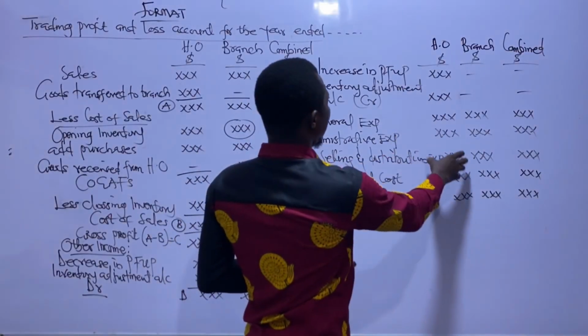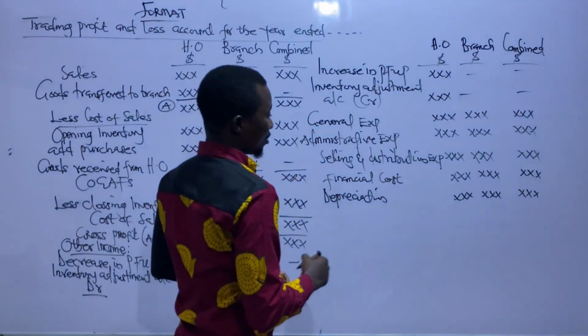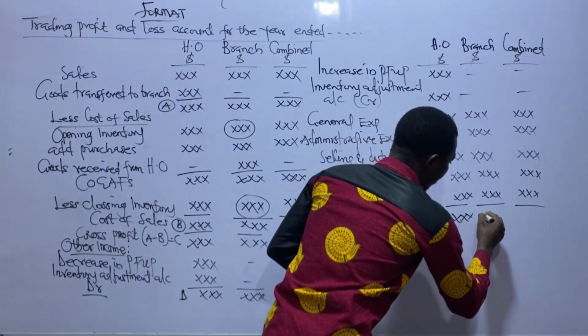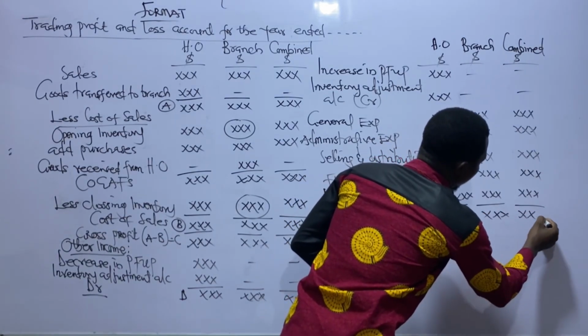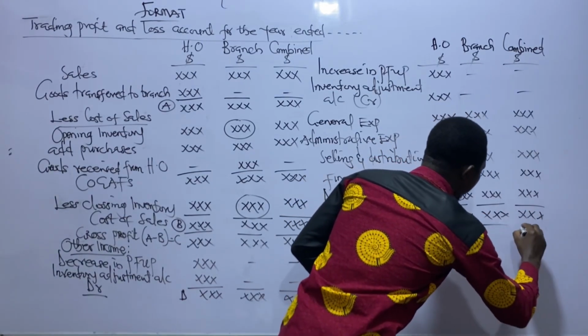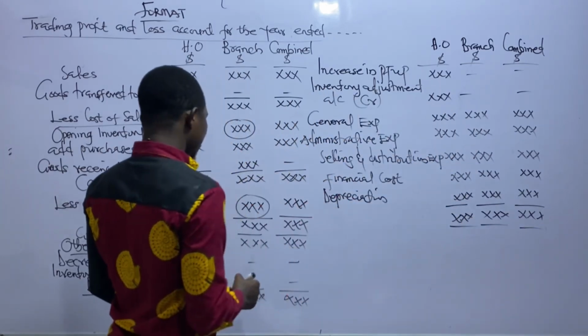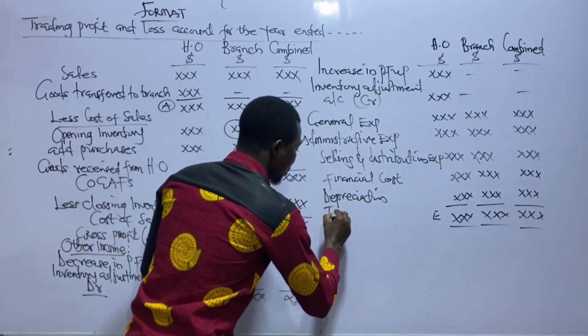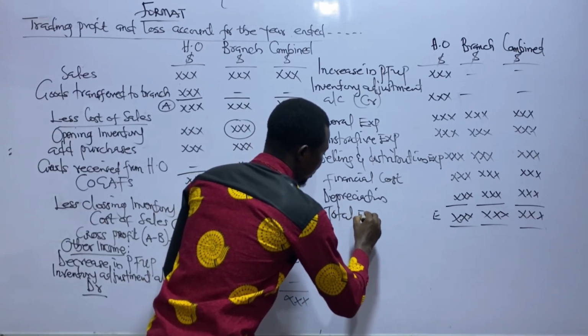So after getting the total expense, then we have to record the total expense. So total expense, if this is D, then let me call total expense as E. So this is total expenses.